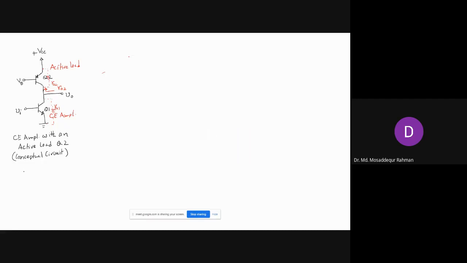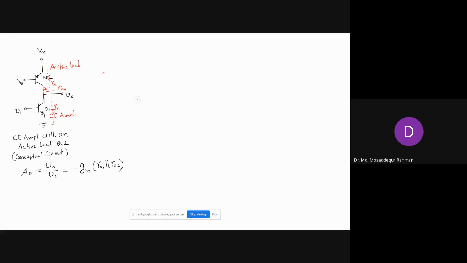So now the gain of this amplifier, the voltage gain, which is V0 by Vi, is minus Gm times the total resistance here, which is the parallel combination of r01 and r02.